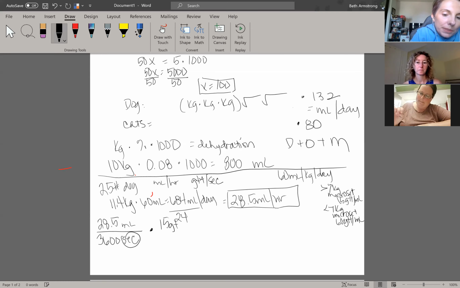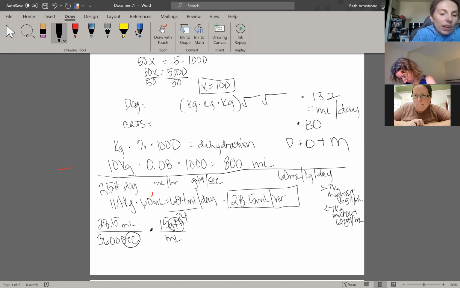So 15 drops per ml. How we know we did this right is that we're left with drops per second and cross out our mils. That's the amount of dimensional analysis I can handle for myself. Now we can just simplify our math.